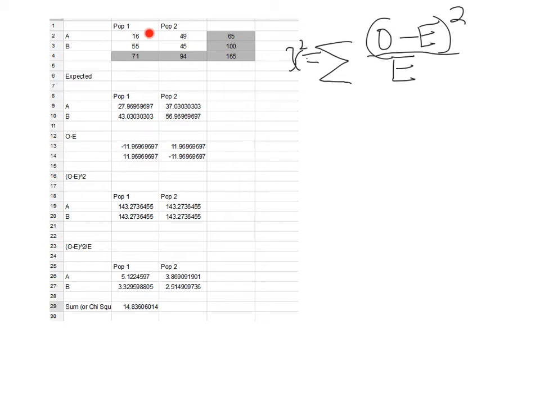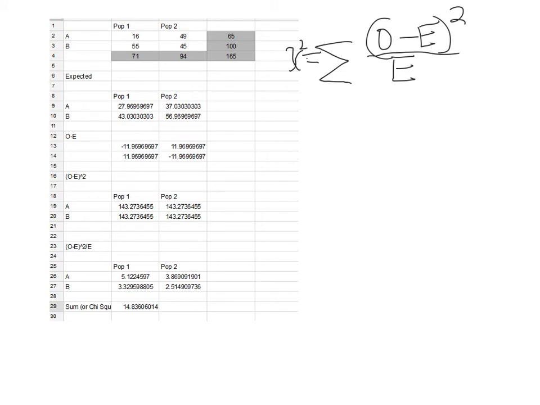I take 16, my observed value for that position in the matrix, minus the expected. So O minus E worked out to be that number, and this O minus that E worked out to be that number, and so on for the rest.